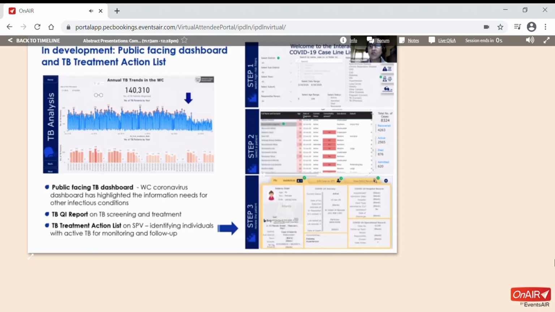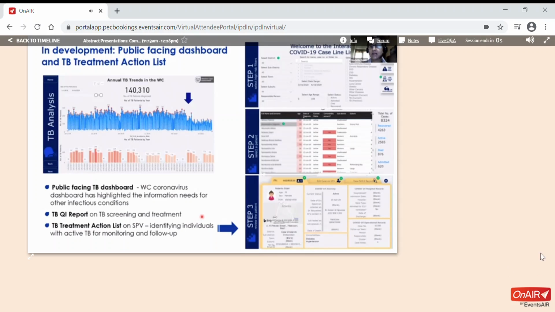So we have learned a lot from rapid development of a number of tools during the coronavirus response in the province. The public-facing coronavirus dashboard has now made it possible to highlight other health conditions to the public. And as you can see here, TB identification and diagnosis has decreased quite a bit during this period, highlighting the need for TB screening and treatment.